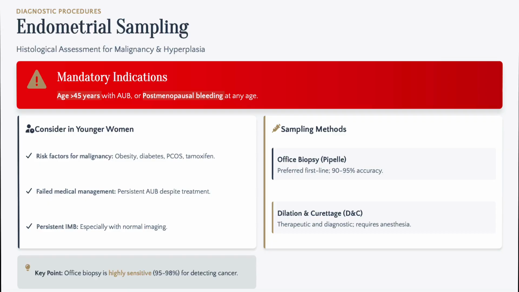The key point here is that office biopsy is highly sensitive, 95 to 98 percent sensitivity for detecting cancer. And histology will distinguish hyperplasia, which can be of two types, typical and atypical, and also distinguish carcinoma.